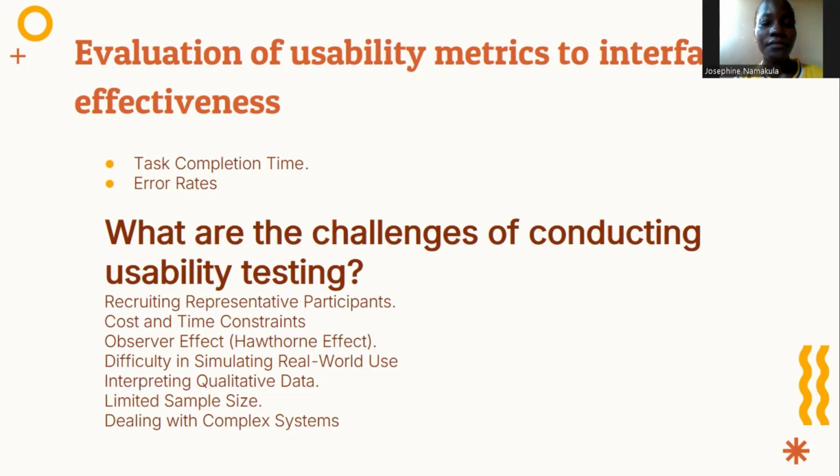usability. Let me see. So the cost is the second challenge of conducting usability testing, like cost and time constraints. Usability testing can be time consuming and costly, especially for small organizations or during early development stages. There is observer effect. Like participants might behave differently when they know they are being observed, leading to biased results.